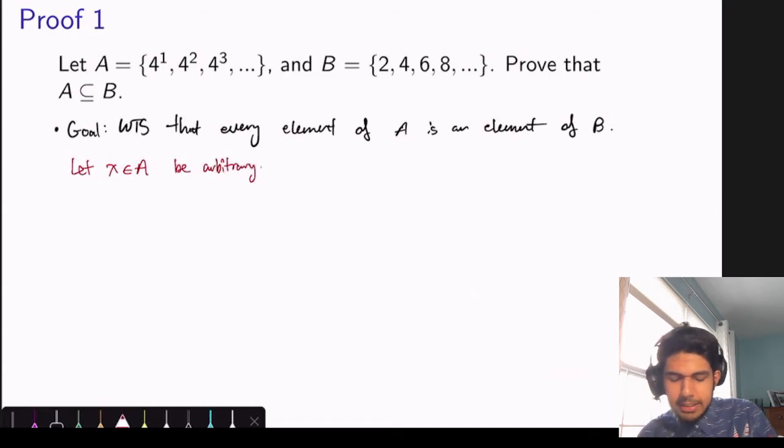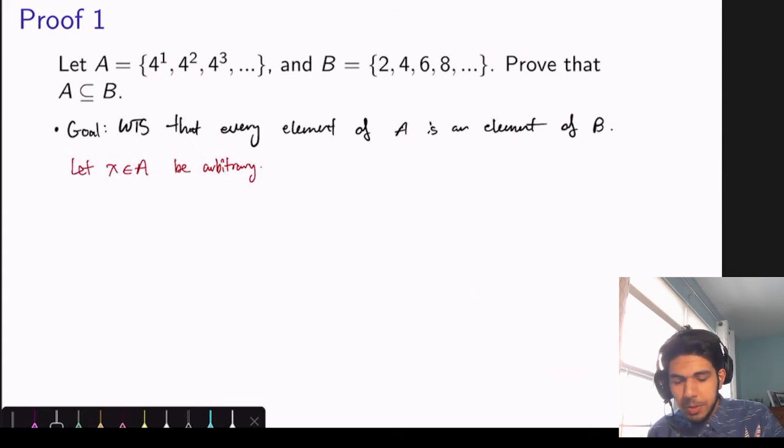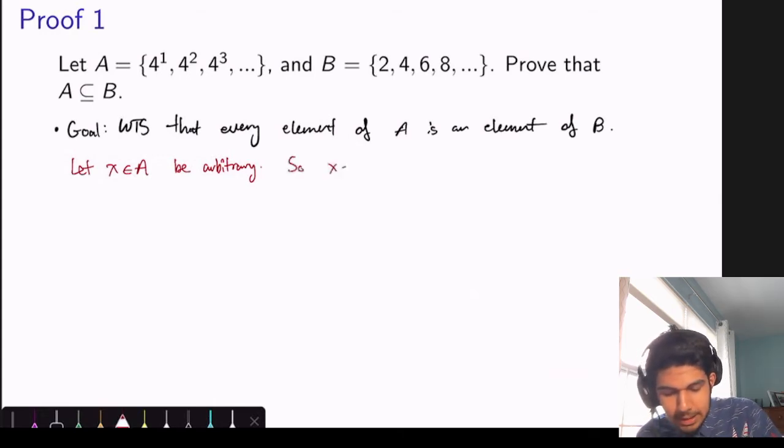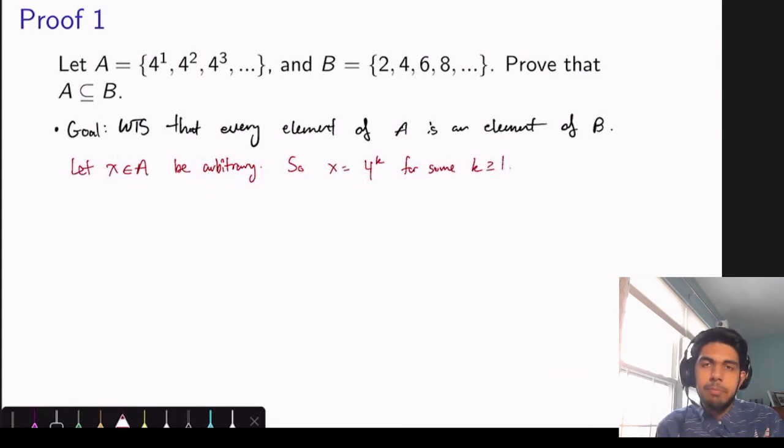So we're just letting x be some arbitrary element of A. Well, we can see that the elements of A are forming a pattern: 4^1, 4^2, 4^3. So that means x is equal to 4^k for some k greater than or equal to 1. That should make sense. It's just following a pattern, and the smallest k can be is 1.